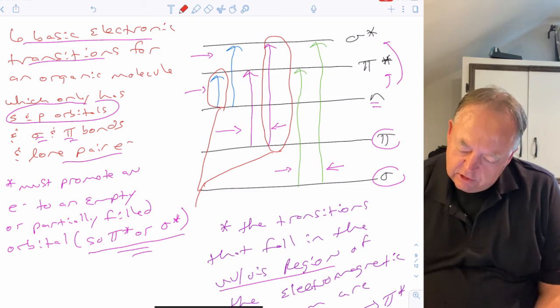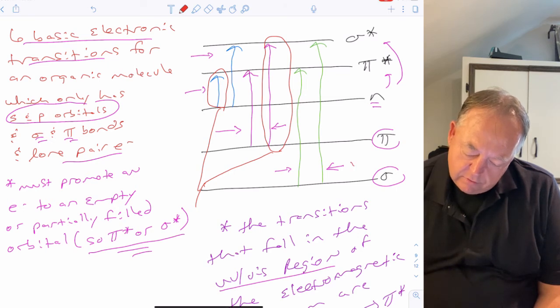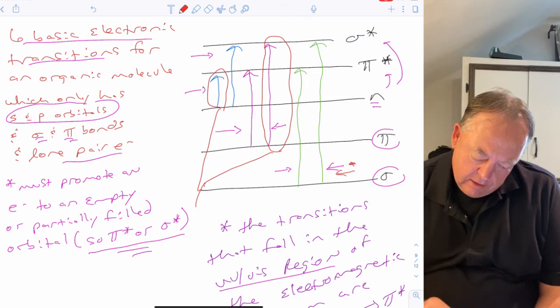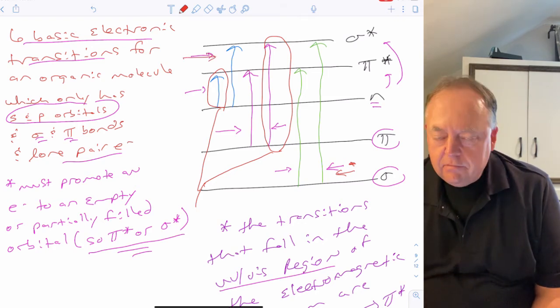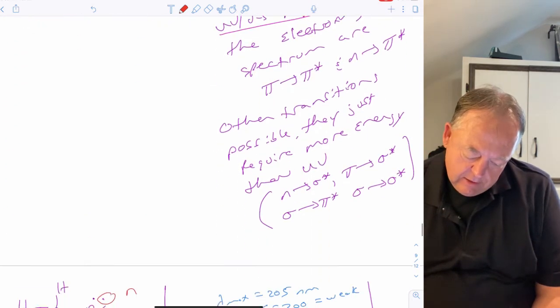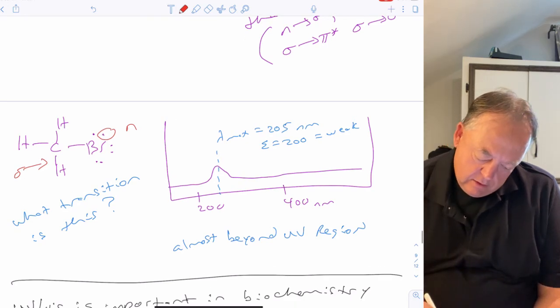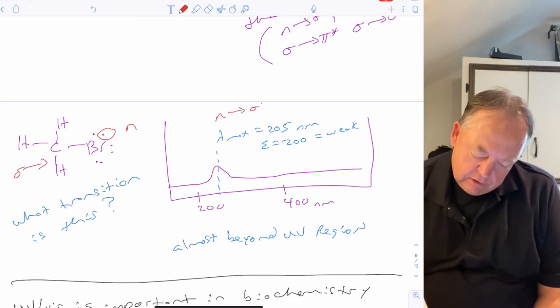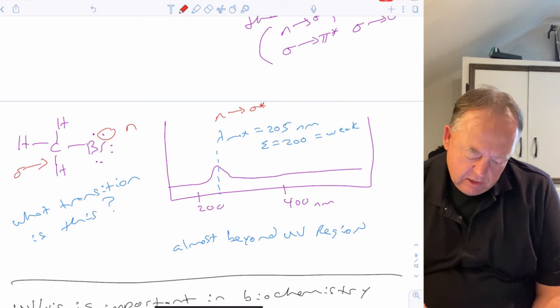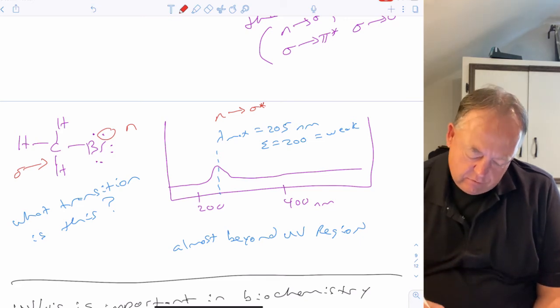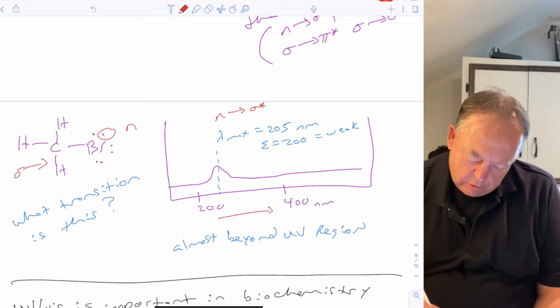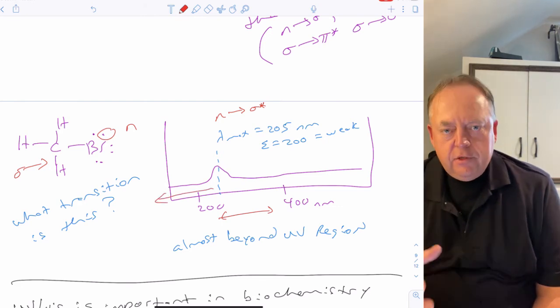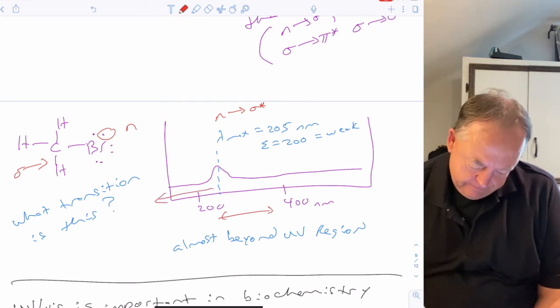So the only transitions for that molecule would be sigma to sigma star, or N to sigma star, and N to sigma star requires less energy. So this is an N to sigma star transition that's being observed. It's almost beyond the UV region, right? The UV region is typically 200 to 400 nanometers. Once you get to shorter wavelength, then you're getting into the X-ray region.